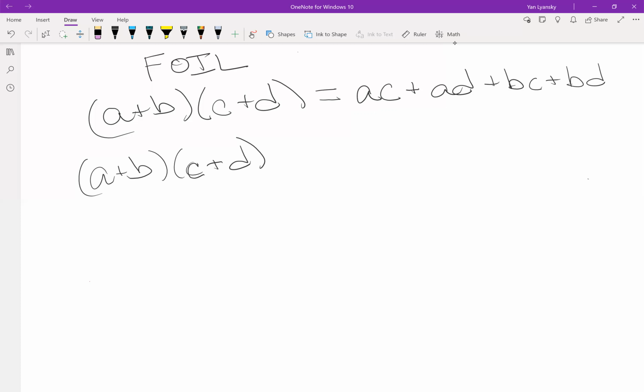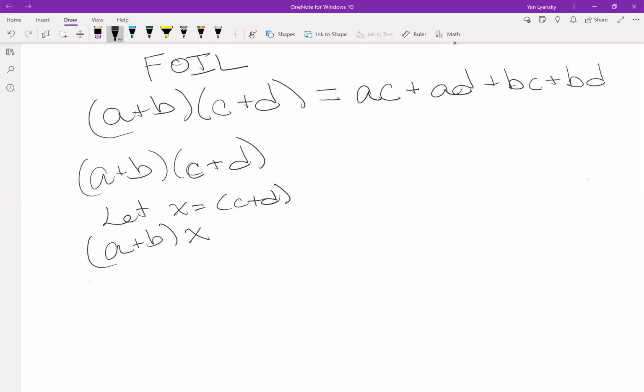So the question is why? So looking at (a + b) times (c + d) itself, really, we have no way to understand how to multiply this. But we do have something similar, the distributive property. So I'm going to let x be equal to c + d. Okay, and so after we let x equal c + d, what we get is (a + b) times x, very simply.